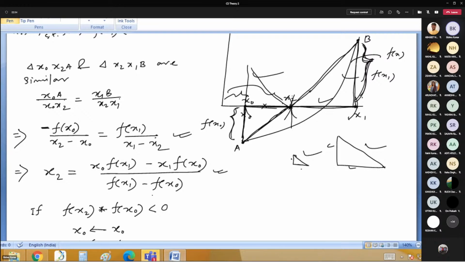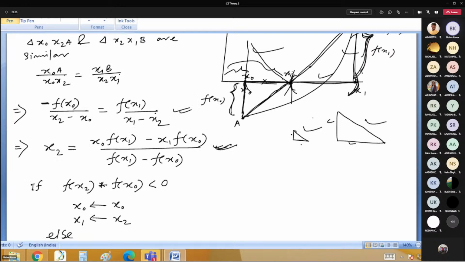In that process, your original x0 to x1 interval is replaced by a smaller subinterval, this one. Again, with the help of the same formula, with x0, x1 updated, you again calculate x2, and that x2 calculation will come.